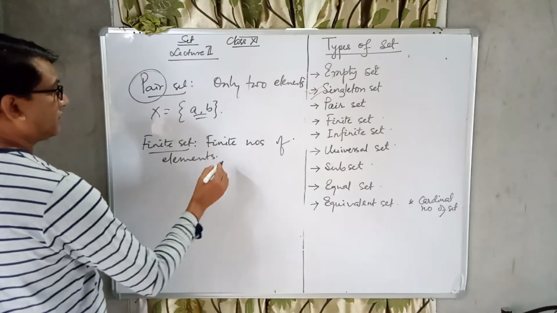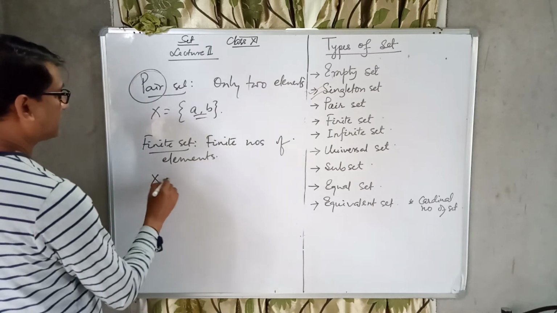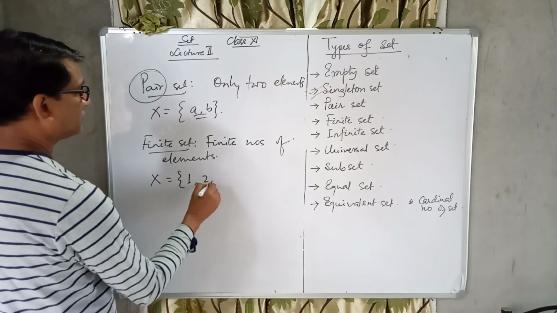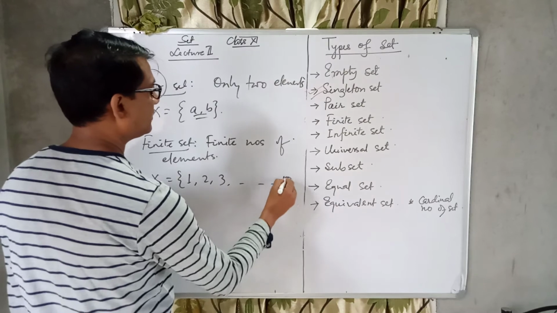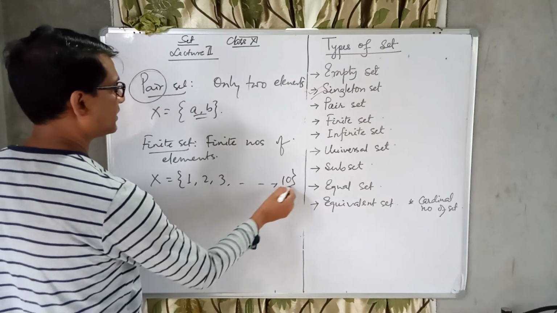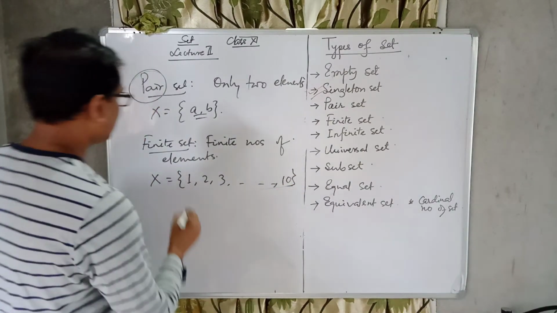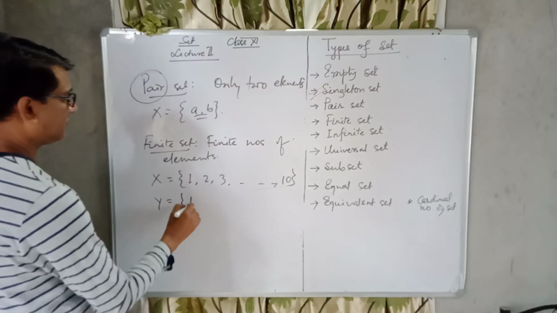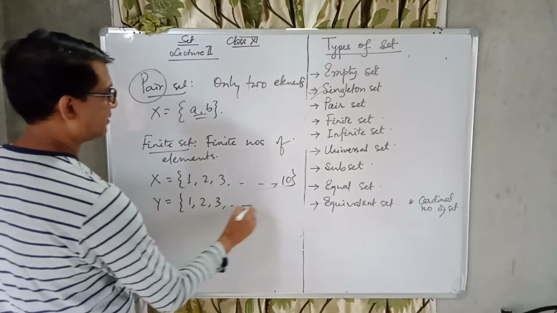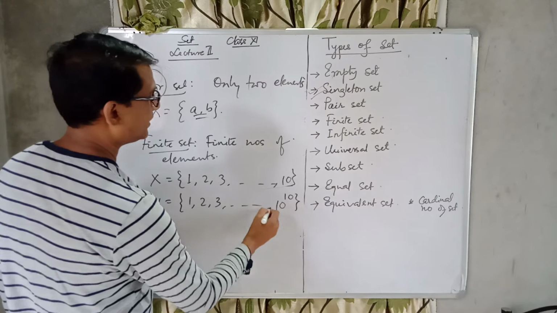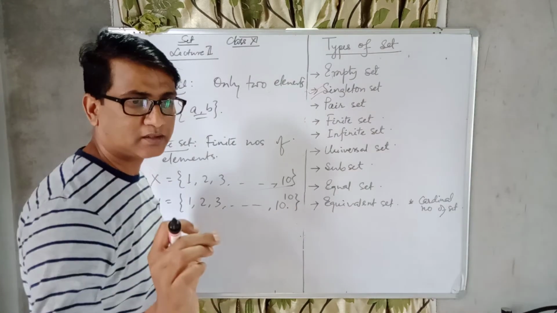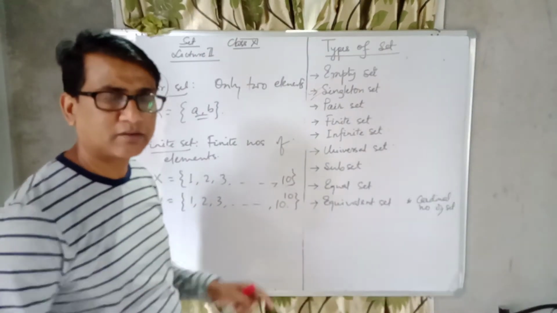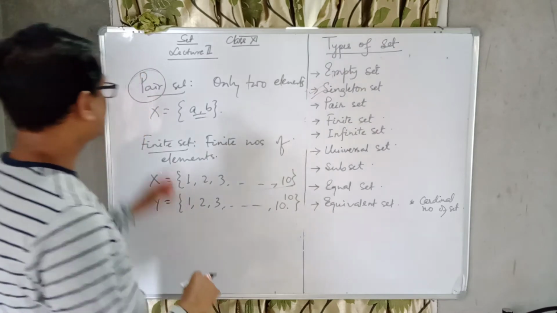As an example, if I start from 1, 2, 3 up to 10 to the power 10, how many elements are there? It is countable. If it goes up to some n, that is finite, we can count it. So this is a finite set.